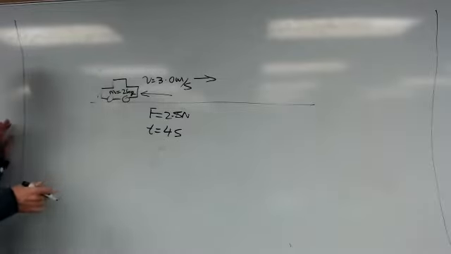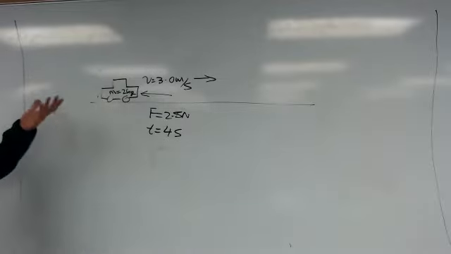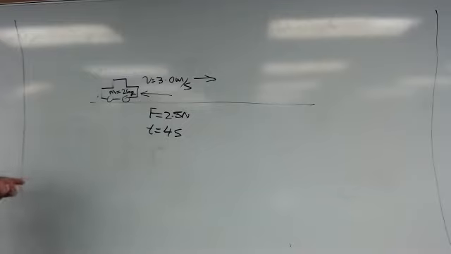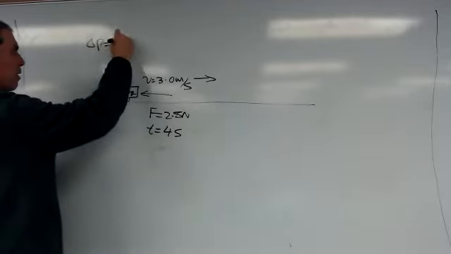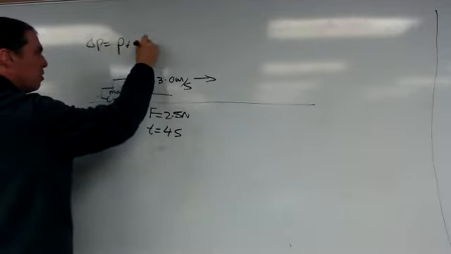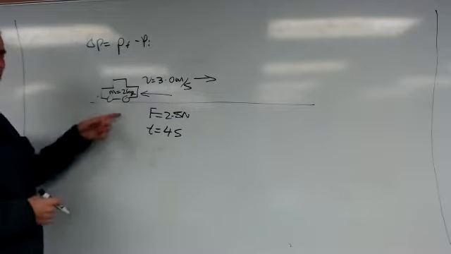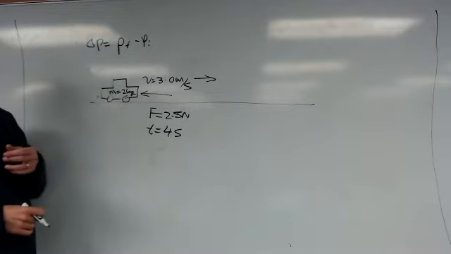So what's some of the vocabulary for this problem? There's change in momentum. The change in momentum is equal to P final minus P initial. I'm looking for some language about this force and this time.